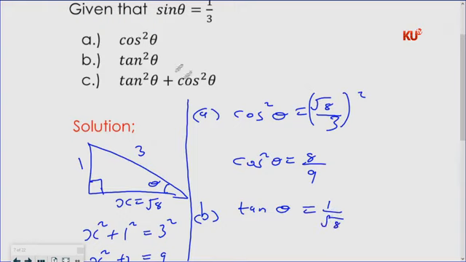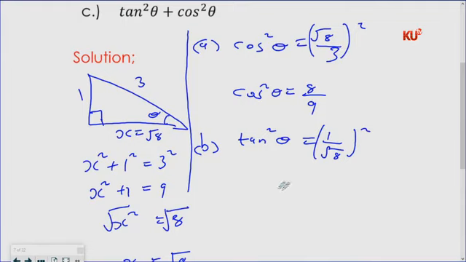But we were asked to get the square of tan theta, so you need to square this. 1 squared is 1, the square will cancel out the square root, I'll get 8. And that is our tan squared theta.